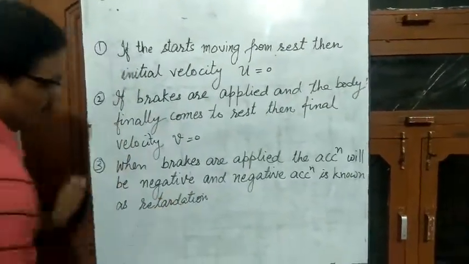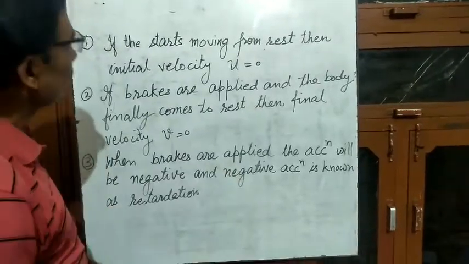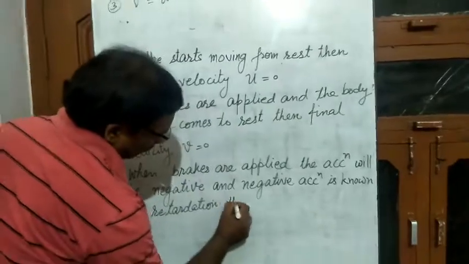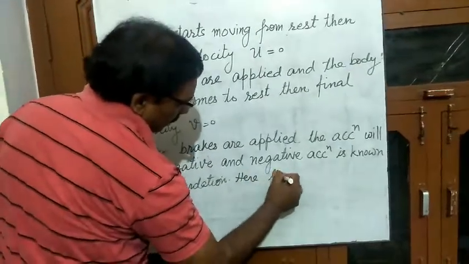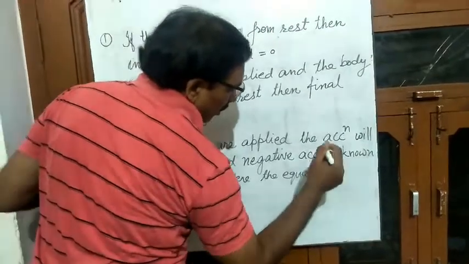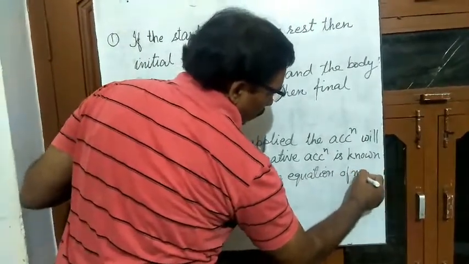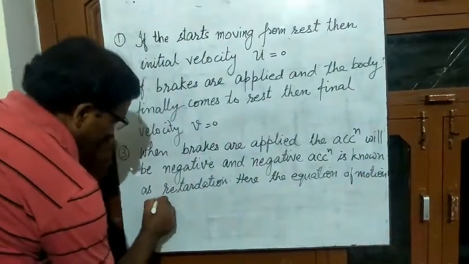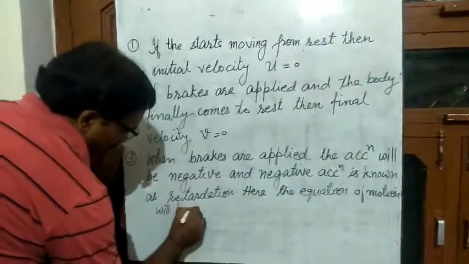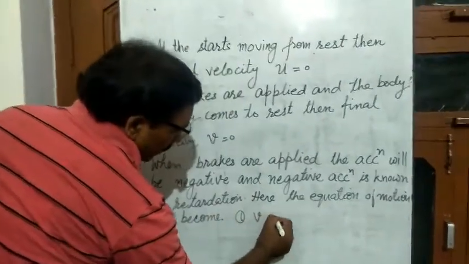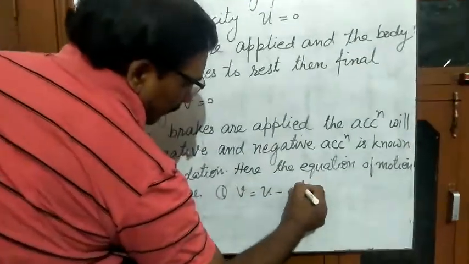And in this case, when the acceleration is negative, the equations of motion will become: first equation, v is equal to u minus at.